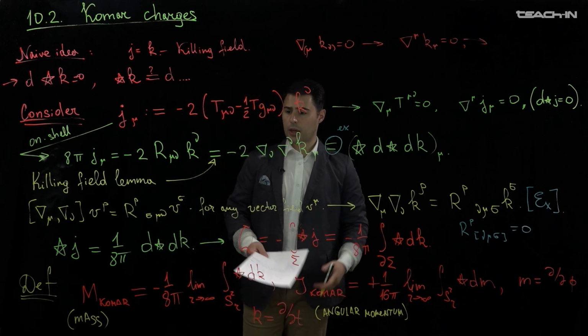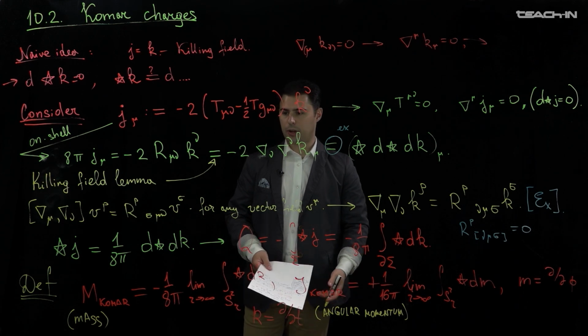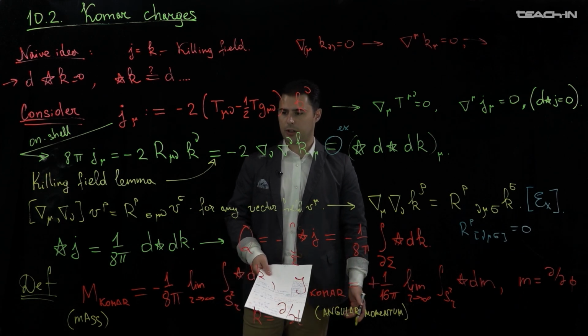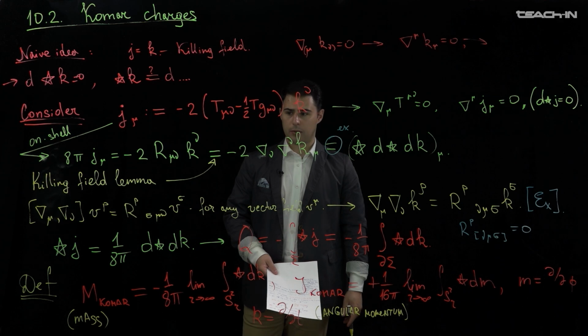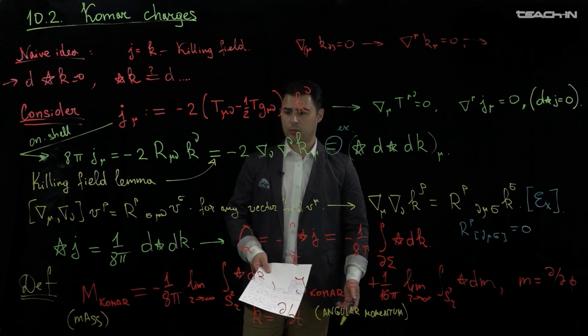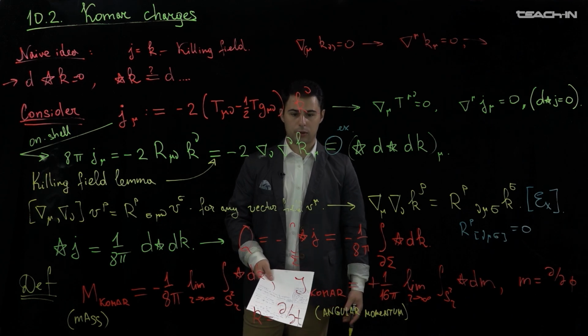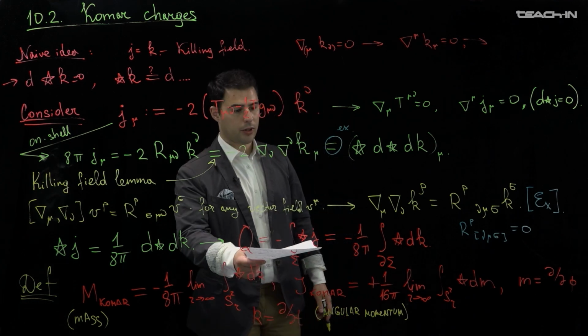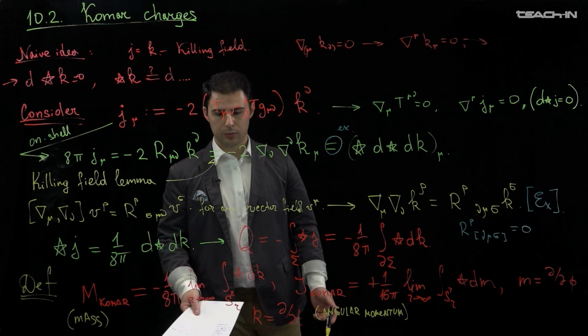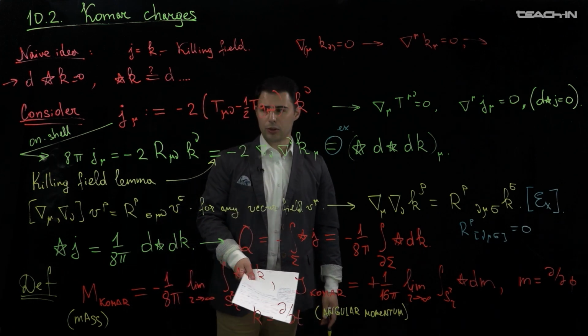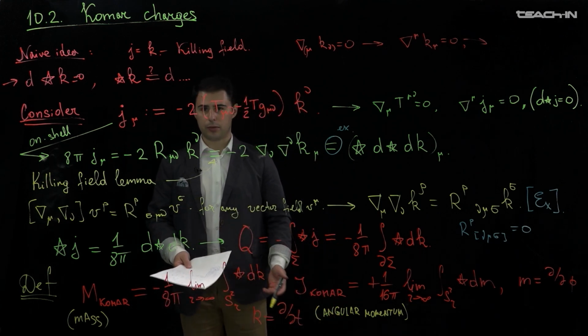So, again, as for the electromagnetic current, for vacuum solutions the Ricci tensor is 0, and therefore the current we are defining here is 0. The situation is entirely similar to the electromagnetic field.